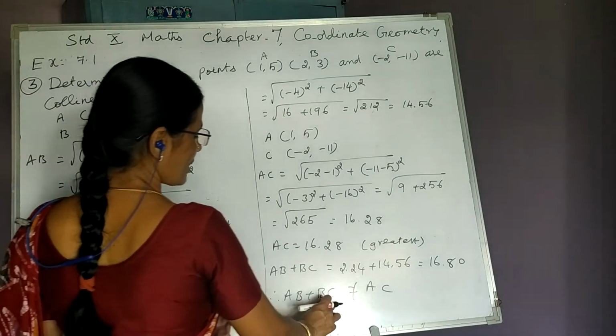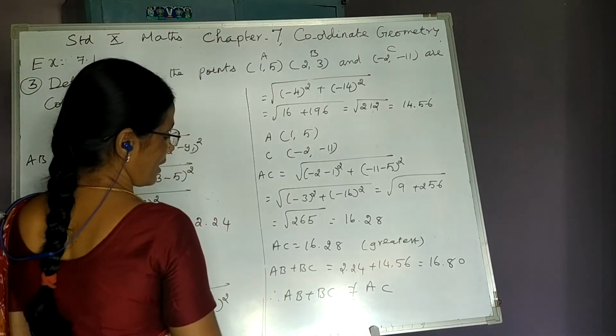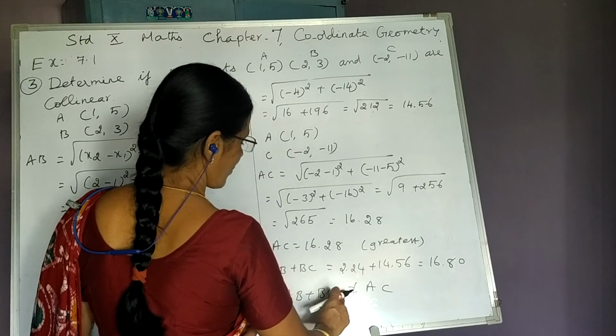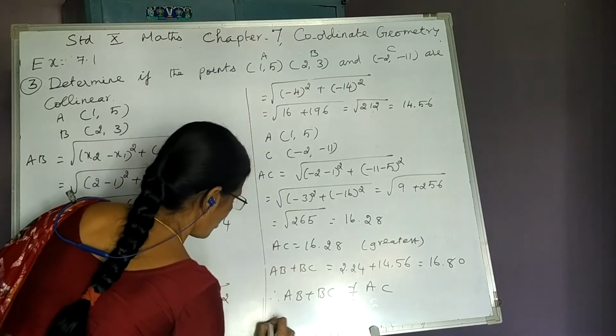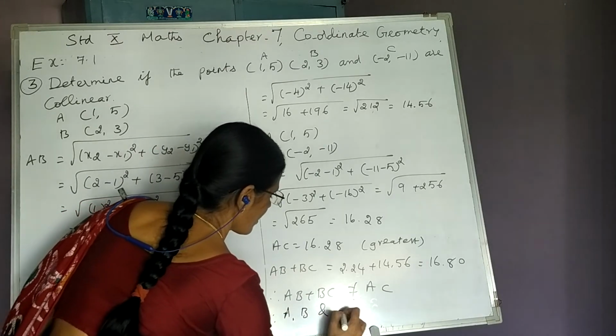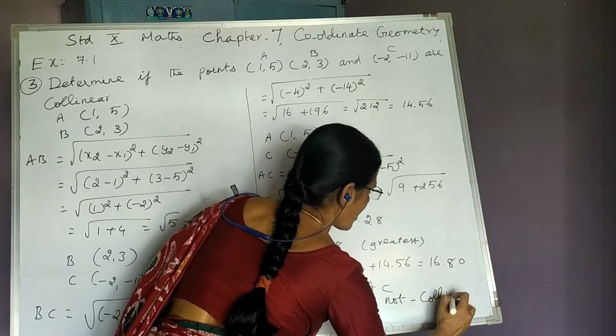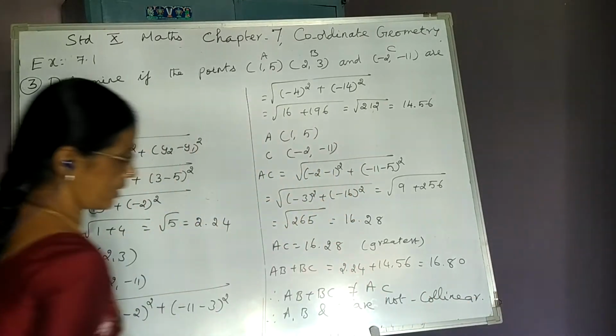Therefore, AB plus BC is not equal to AC. If these two results are equal, we conclude they are collinear. But we got here unequal. Therefore, A, B and C are not collinear, or we say they are non-collinear.